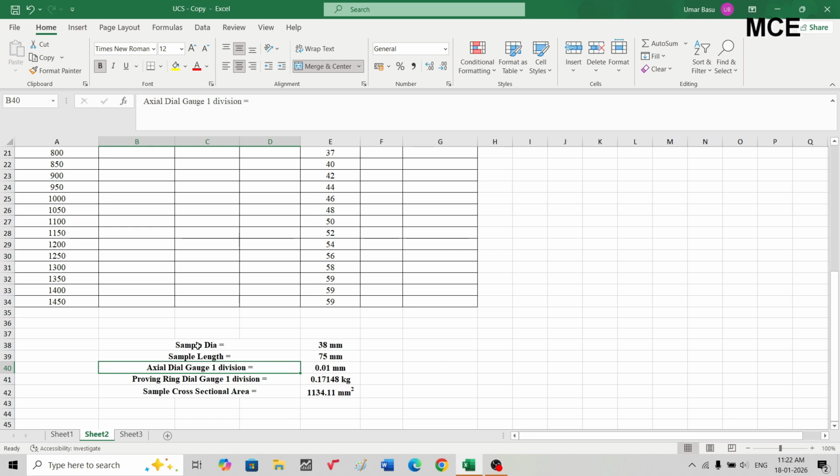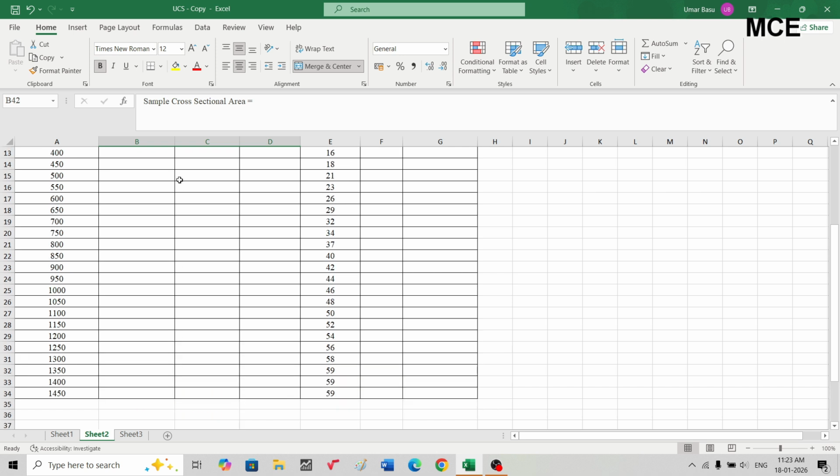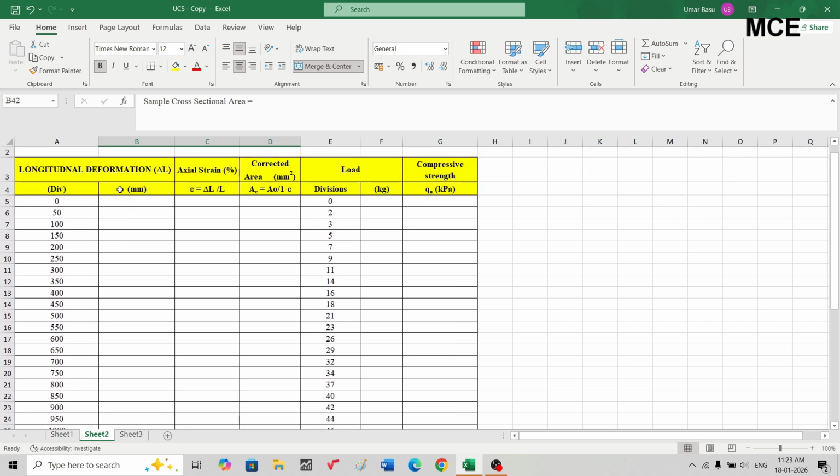Sample diameter is 38 mm, sample length is 75 mm, and the sample cross sectional area is pi by 4 into d square, which is 1134.11 mm square.